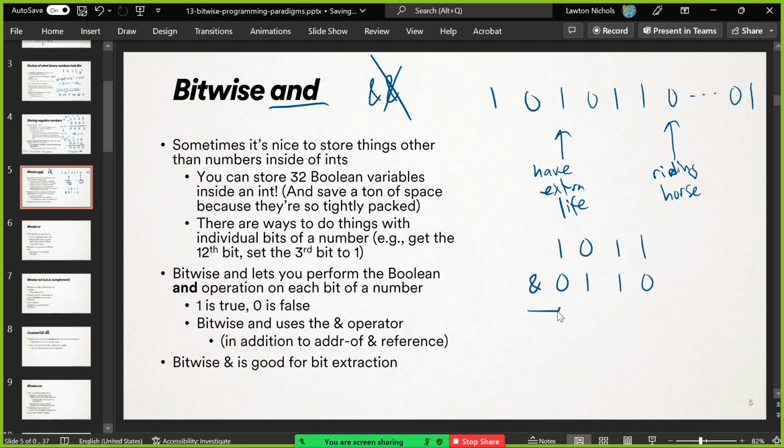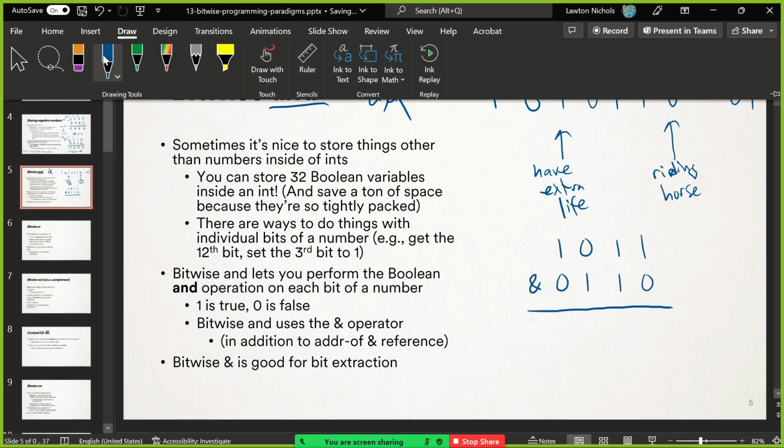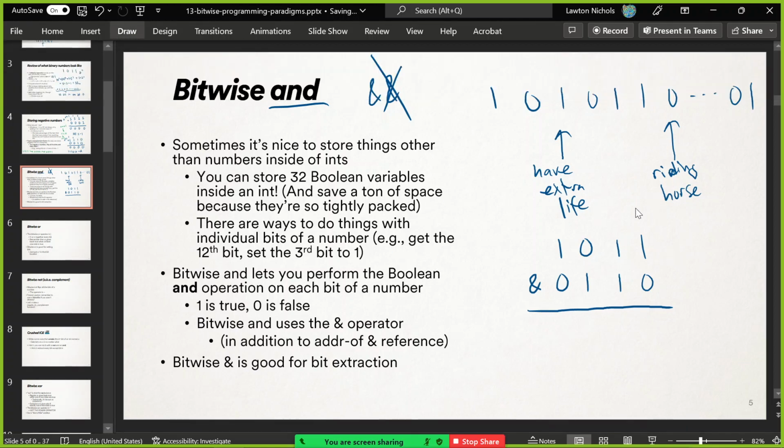The second you ask C++ to do this for you, it lines up the bits of the numbers and looks at each of them together: the 1 and the 0, this 1 and 1, 0 and 1, 1 and 0. It performs bitwise AND on each of them and gives you back a new number.